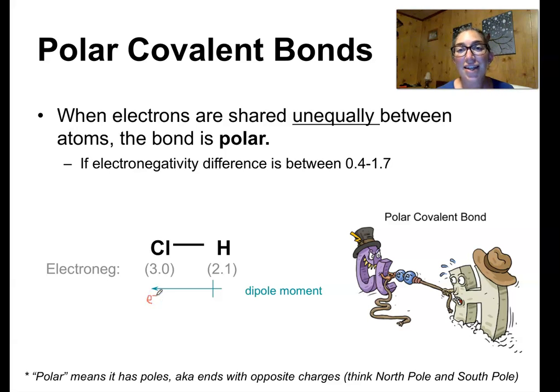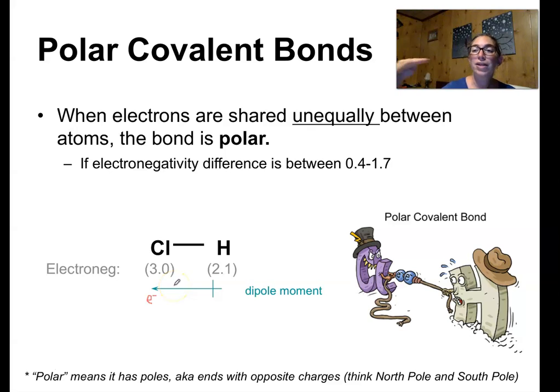Kind of like a custody battle between parents, a nonpolar situation would be 50-50 shared custody, and a polar situation would be like 20-80 shared custody. So they're shared, the kids are shared, but not quite equally. This funky looking arrow with the plus shape at the end shows us the direction that the electrons are being pulled toward.